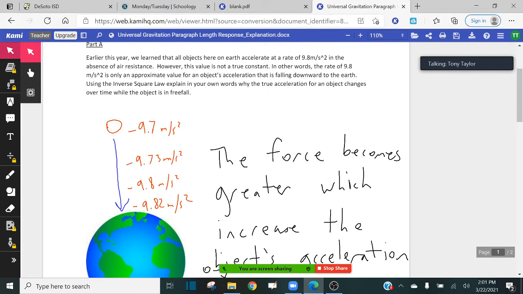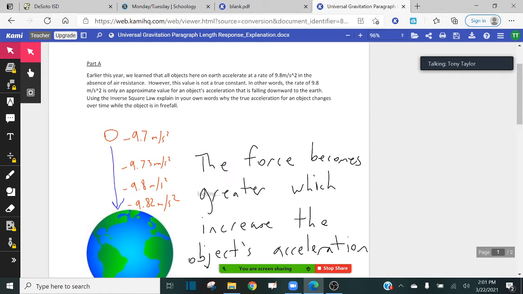It's not a true constant. It's an approximate constant, but not a true constant for this reason. Any questions on part A? So that explains why the object's acceleration changes over time while the object is in free fall. Does that make sense, everyone? Stephanie, guys, does this make sense?